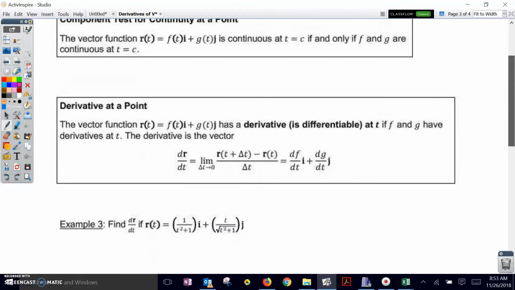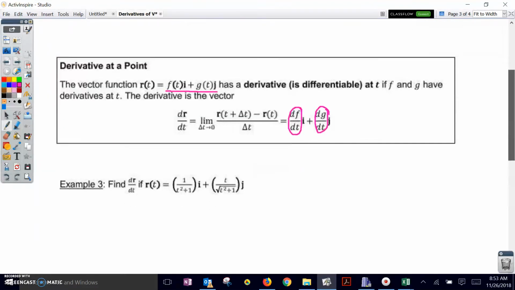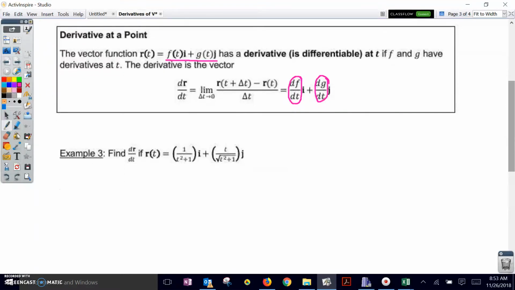Whole lot more there. Component test for continuity, make sure you read through that. The derivative of a vector valued function. This is very simple when we have the vector valued function f of t i plus g of t j. In order to find its derivative, dr/dt, which is a vector derivative, we're going to just take the derivative of the i component and multiply it times i, and the derivative of the j component and multiply it by j, and that gives us the derivative of this vector valued function.